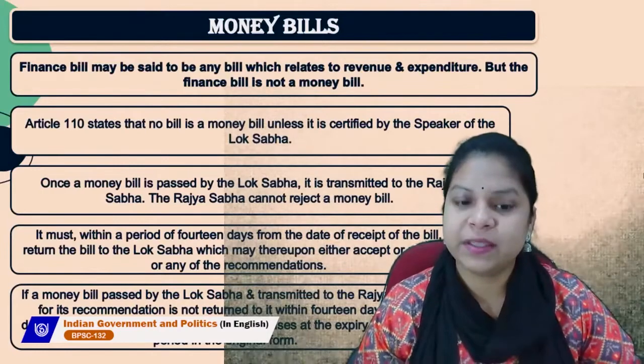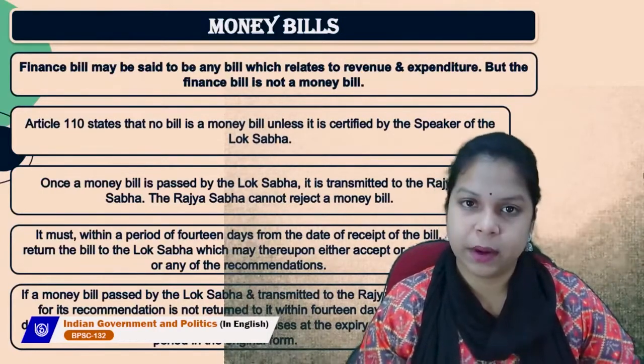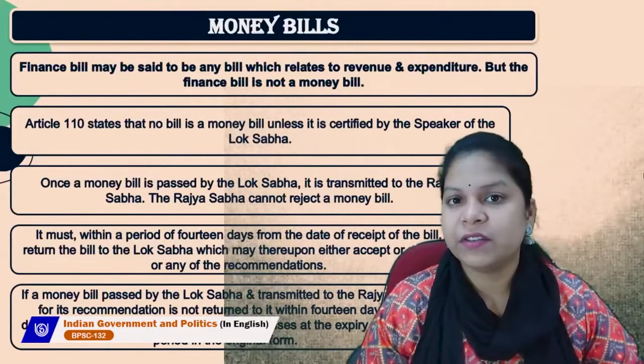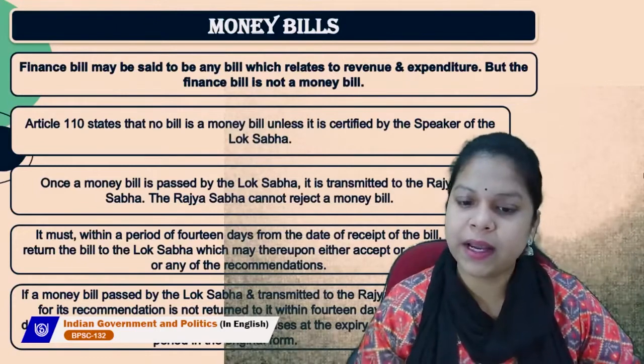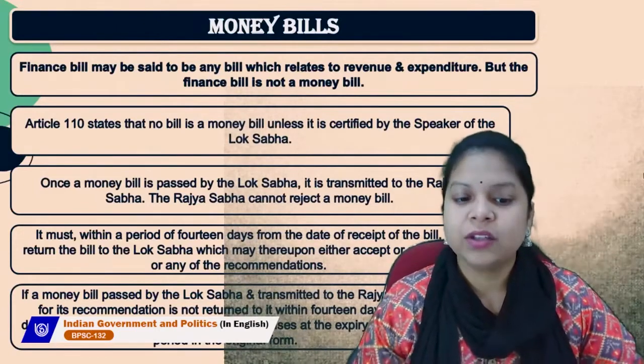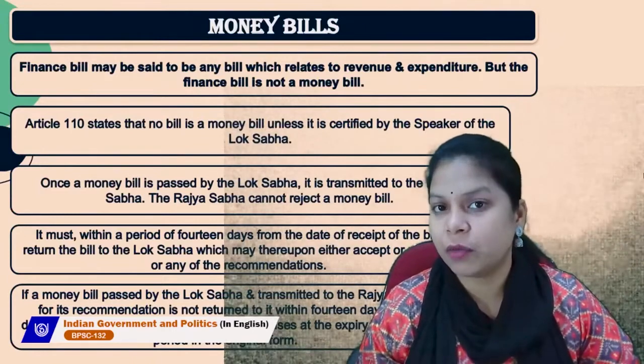Once a money bill is passed by the Lok Sabha, it is transmitted to the Rajya Sabha. So, the money bill is introduced in the Lok Sabha, and after it is passed by the Lok Sabha, it moves to the Rajya Sabha. The Rajya Sabha cannot reject a money bill. It doesn't have power over it.